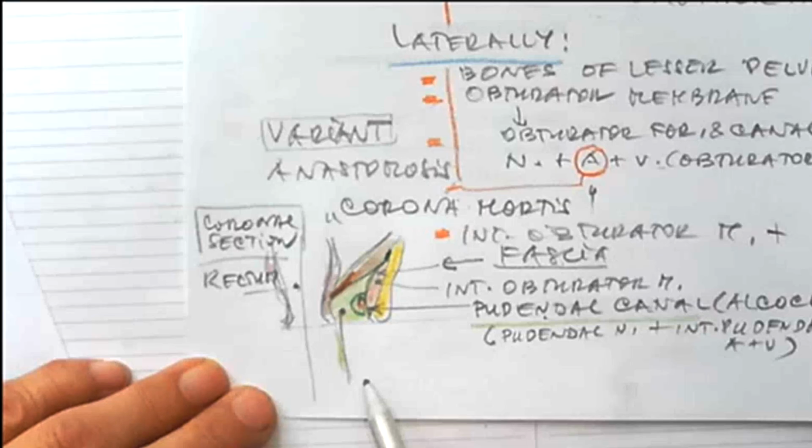So we see the space. Don't forget that one is the levator ani. Maybe it is not bad to add LAM, levator ani muscle.